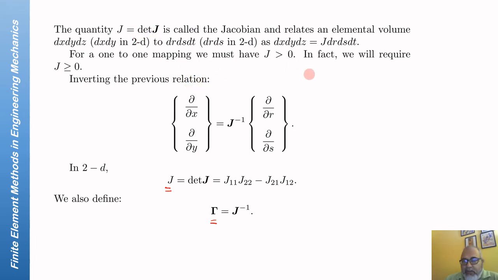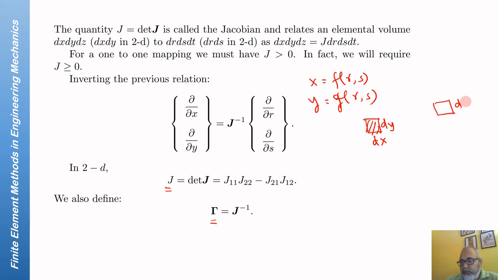For a mapping where x is a function of r and s, and y is another function of r and s, the determinant of this mapping gives you the ratio between an infinitesimal volume in xy to the same volume in the mapped coordinate system.